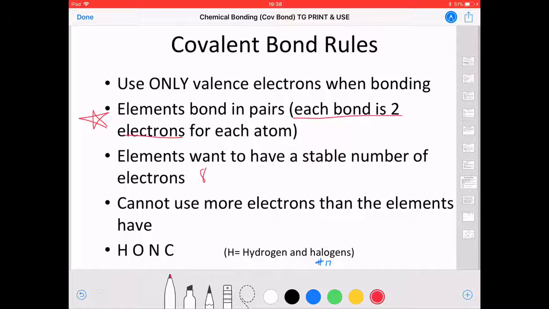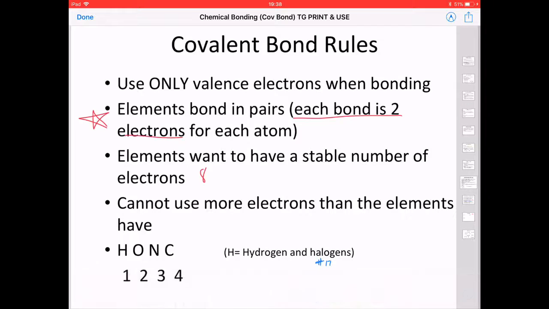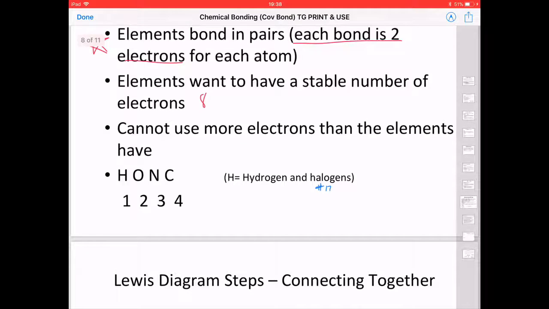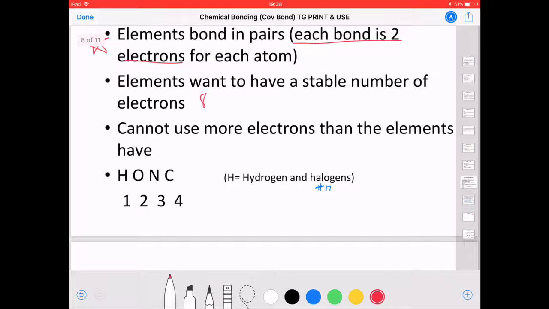The last rule that you need to know is probably the one that students get confused the most with, so be careful with this one. This rule is called HONC 1, 2, 3, 4. The H can represent either hydrogen or a halogen. Remember that your halogens are group number 17 on the periodic table, right next to the noble gases.